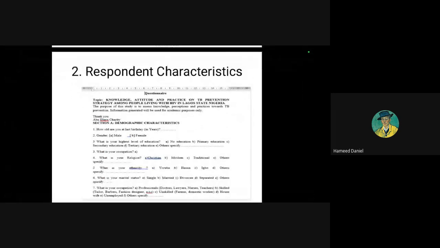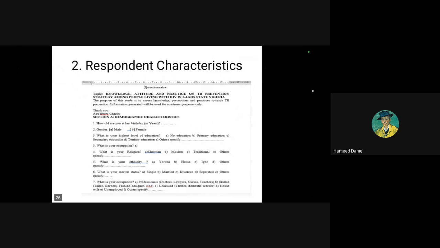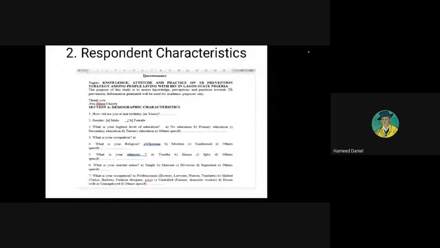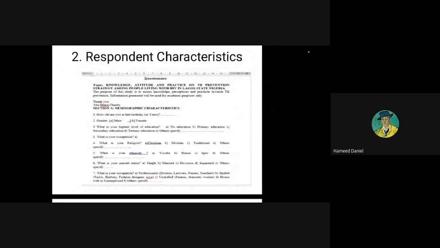And the next thing will be the respondent characteristics, just like I've said earlier. It could be their demographic information alone, their social demographic information, or their socioeconomic information as well, right? Just like it is showing here, you want to know what their age is.